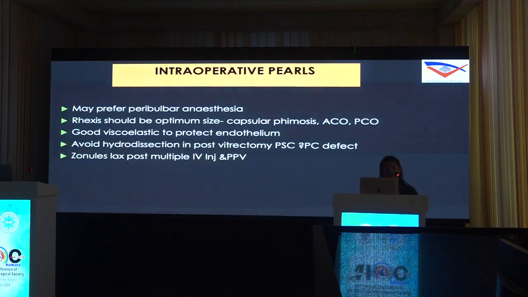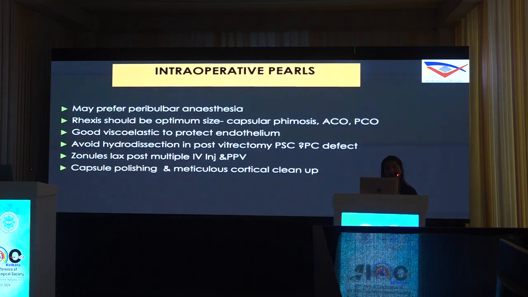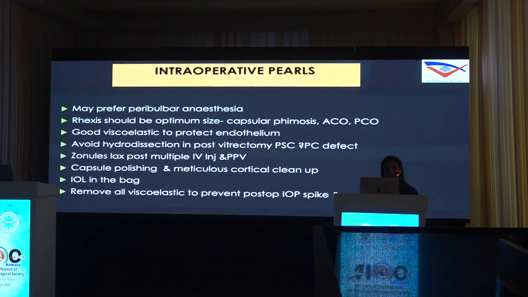The zonules are often lax, and we should have CTR available with us. We should do a very meticulous cortical cleanup so that we avoid an early YAG capsulotomy, and the lens should definitely be in the bag. A good viscoelastic removal to avoid post-op spikes is important.